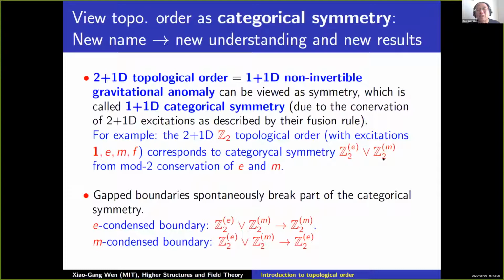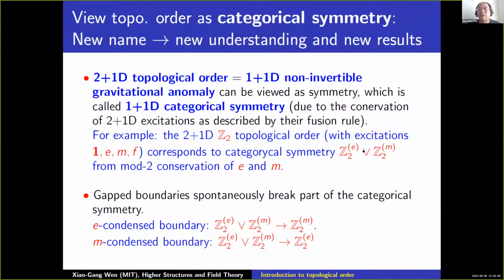The reason is that the E and M particles have non-trivial mutual statistics. If you move E around M, they have pi mutual statistics. So therefore, these 2 symmetries are not independent. If E and M had trivial mutual statistics, then these 2 symmetries would be independent. We would say this is Z2 times Z2. Because of the non-trivial mutual statistics, these 2 symmetries are a little bit special.